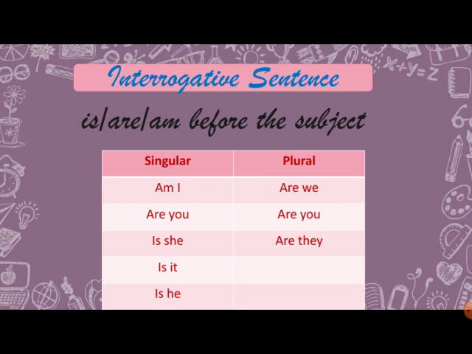The rest of the sentence will remain as it is. For example, am I, are you, is she, is it, is he, are we, are you, are they, and end the sentence with a question mark. Then the sentence will become an interrogative sentence.